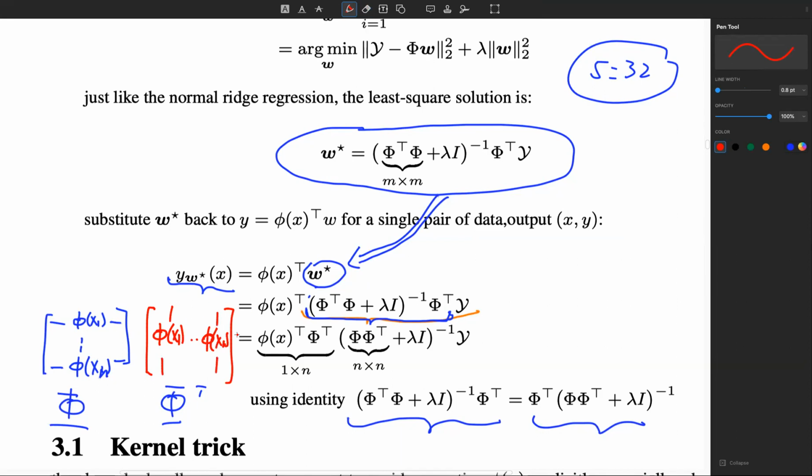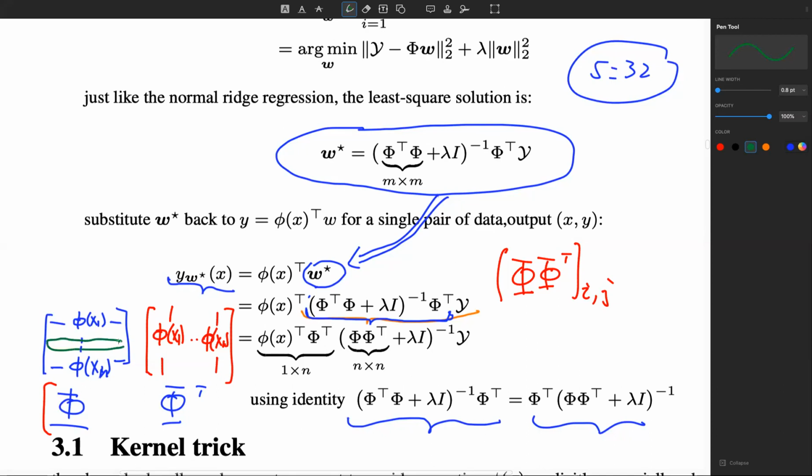Now, if I have a look at this multiplication, phi times phi transpose, what is the ijth element? Because if you have a matrix multiplication, the ijth element of the product matrix comes from the inner product of the ith row and the jth column, right?